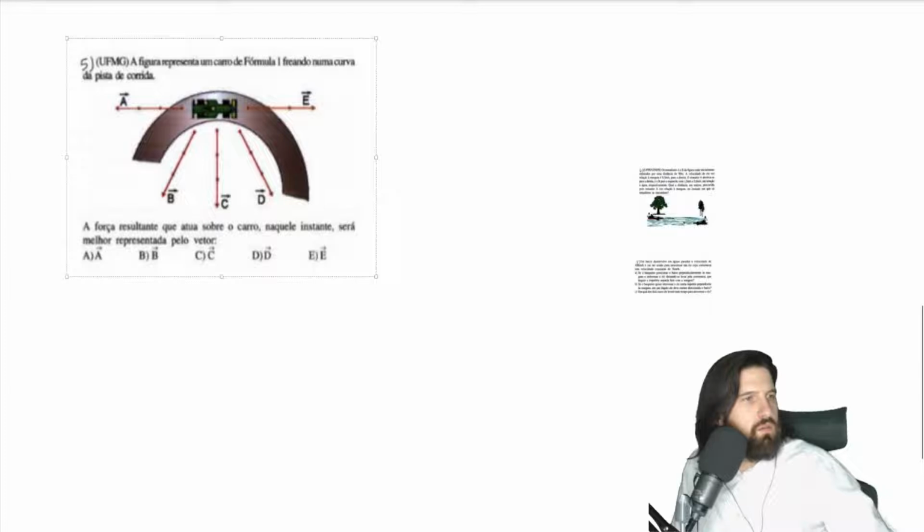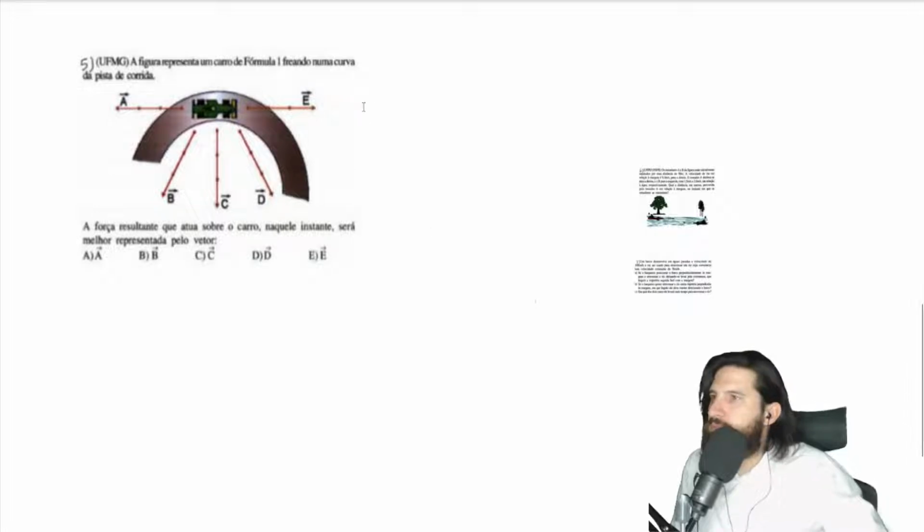Okay. You sent it. All right. A figure represents a Formula 1 car braking on a curve in a racetrack. Okay, cool. Sure. Okay.